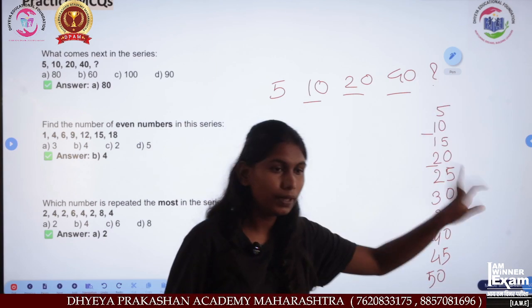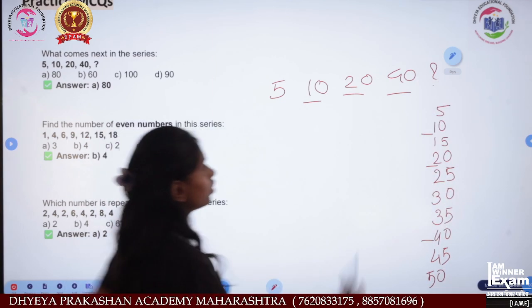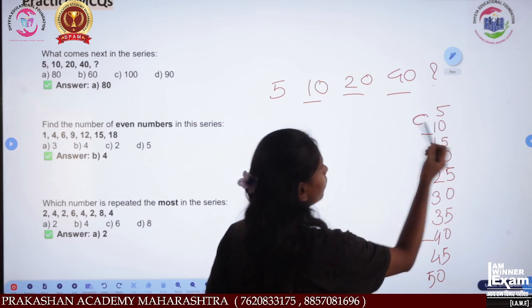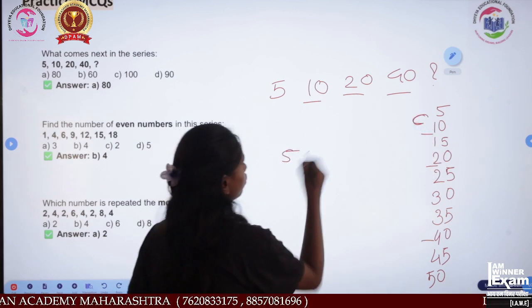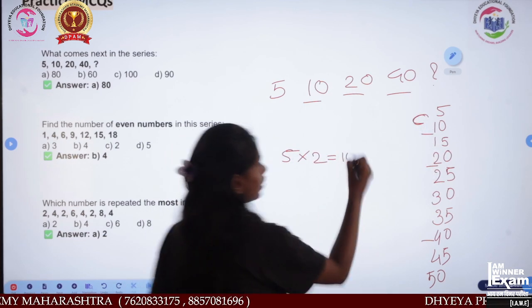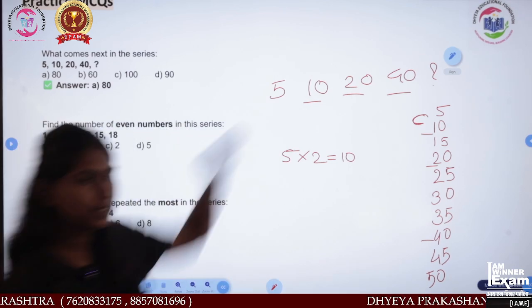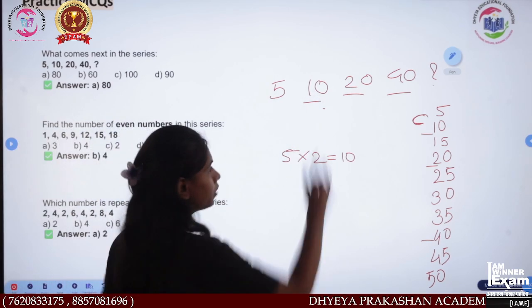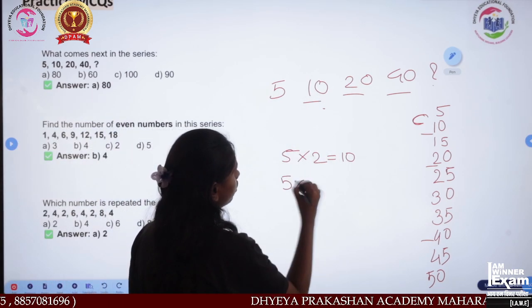If you look at the numbers here, 5, if you multiply 5 into 2, then you will get the answer 10. Let's take the number 10 and multiply it with 2 again.